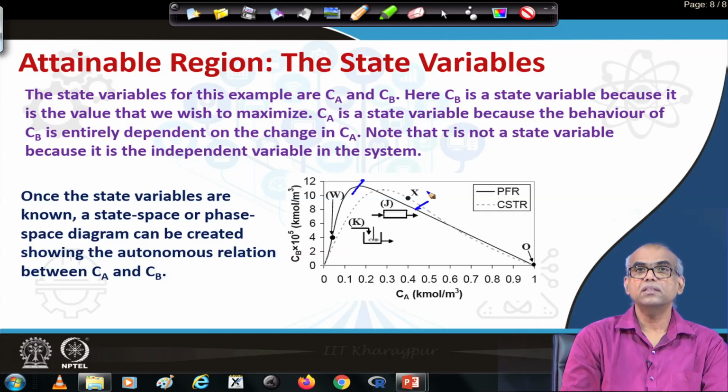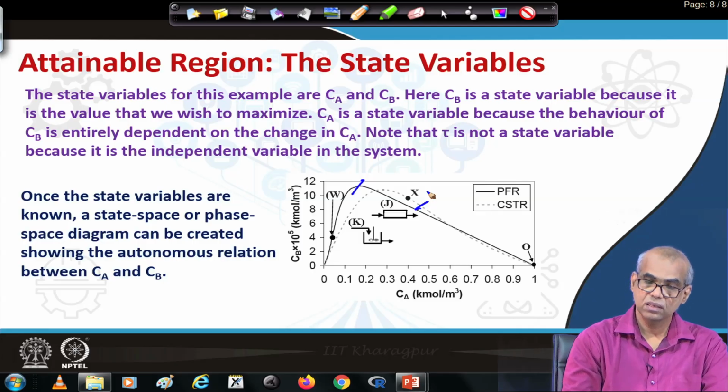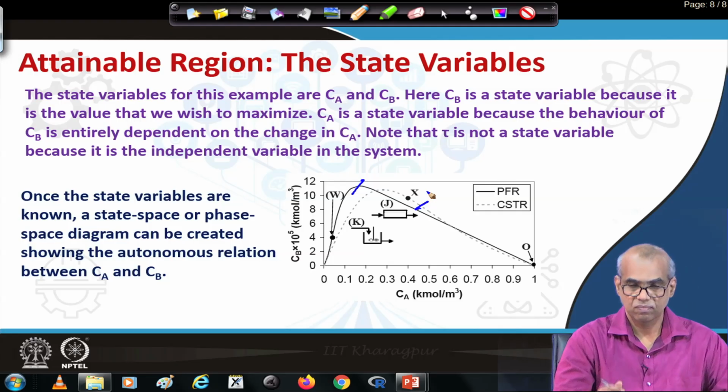So, the trajectory shown by the continuous line represents the PFR trajectory in the figure, and the trajectory shown by the dotted line represents the CSTR locus in this CA-CB figure.